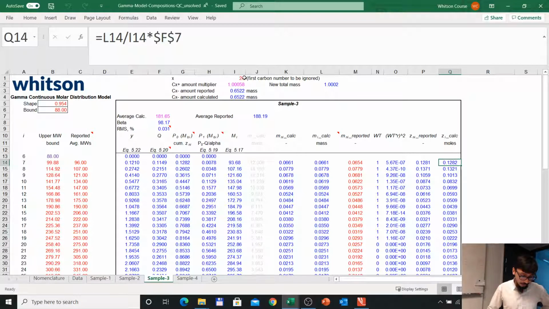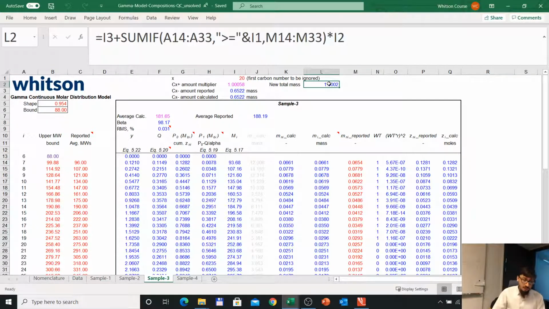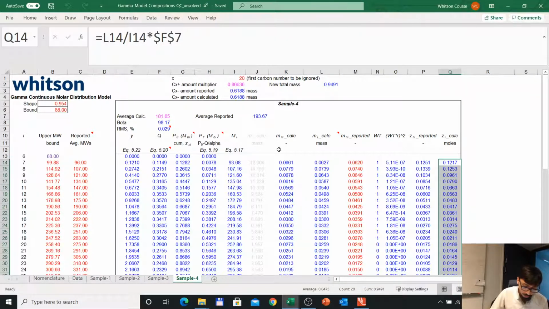Okay, so this was the baseline shift problem. The X value was 20, and you see that for this X value, the total calculated mass is about 1, which gives the information that there is only a baseline shift problem. Okay, so this is also solved.